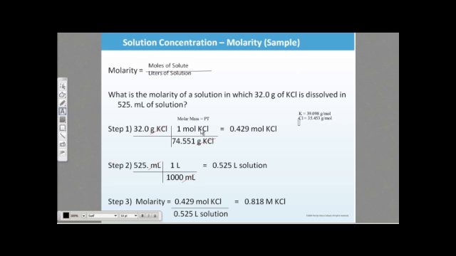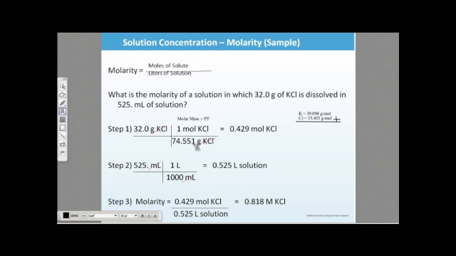Now in this example we have 1 K and 1 Cl, so we can just leave it as is, and then we just simply add those two numbers together to get the molar mass. So that's where the 74.551 comes from. It's simply adding 39 and the 35.45 together.